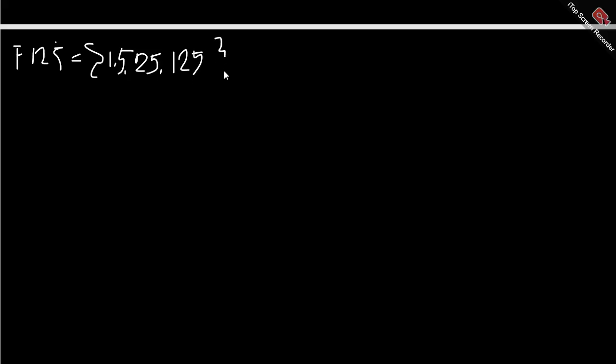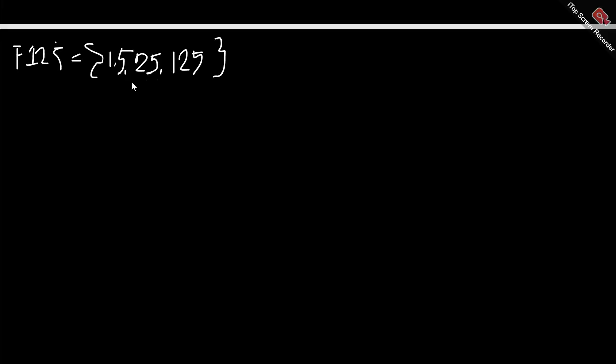Now you'll be wondering how I managed to get these numbers. Simply, any number that 125 can divide without a remainder becomes a factor of 125. For instance, 125 divided by 1 is 125, there is no remainder. 125 divided by 2, if you do the calculation, you discover that there is a remainder.